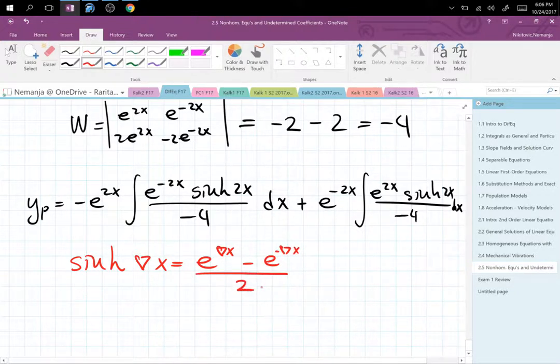In this case, we have sine hyperbolic 2x, so all of the x's are 2x.